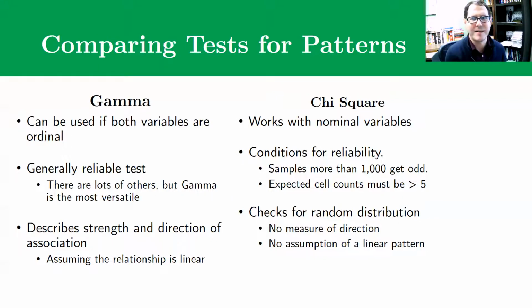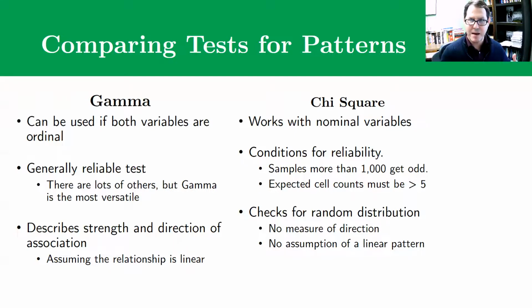Interpreting chi-square is maybe not quite as intuitive. There's no set scale of -1 is a perfect negative relationship, +1 is a perfect positive relationship. With chi-square, what it's asking is, we've done an analysis on this table to figure out what we would expect to happen if cases were distributed according to their row totals and their column totals and how the table breaks down.